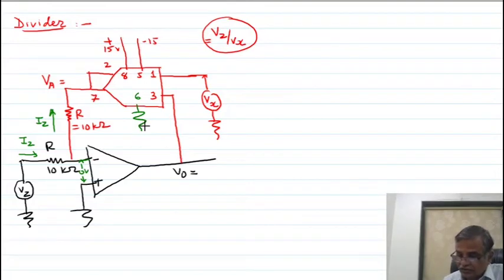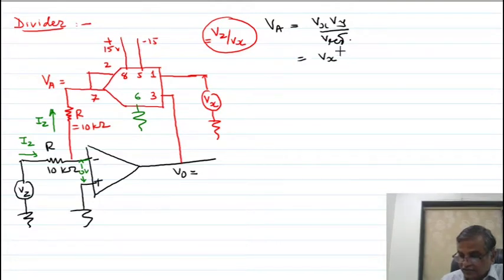So you can see here I want to divide Vz by Vx. The equation of the output of an analog multiplier can be given by this equation. So this is your Vx, this is your Vy, which is nothing but Vo, and this is your V reference voltage.